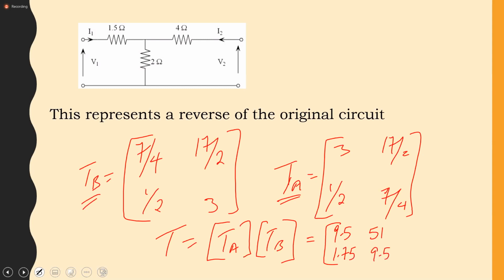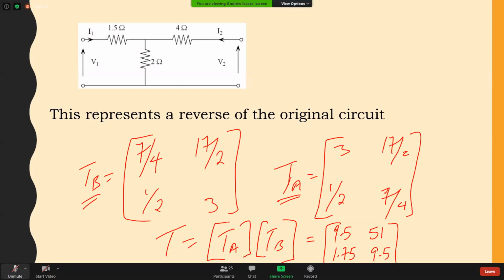So this is the transmission parameters for the entire network. All right? Anybody got anything different? Yes, sir. All right. Before you go any further, if you get anything different, you are incorrect.